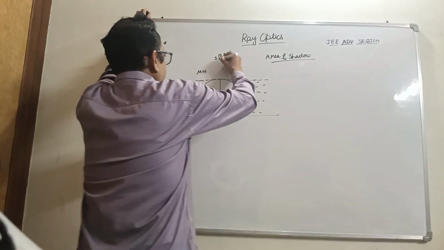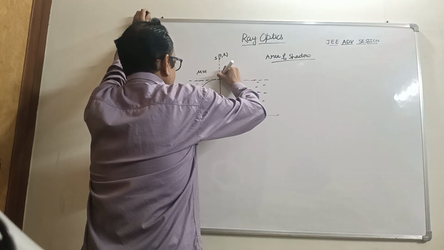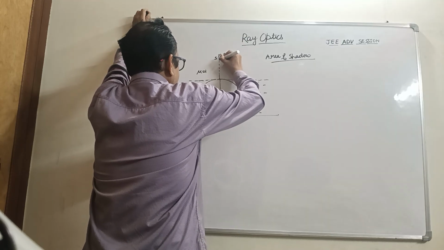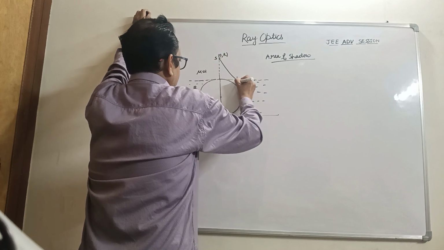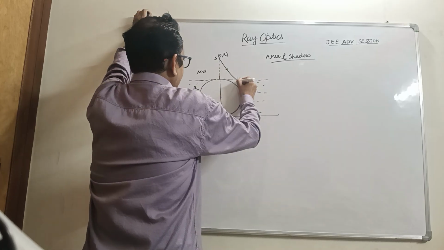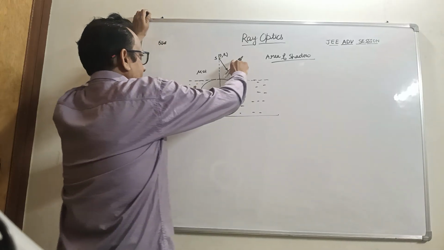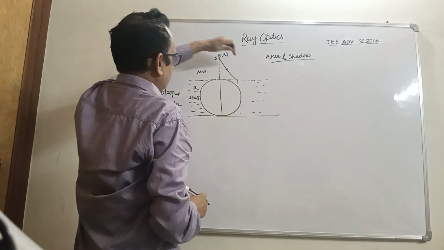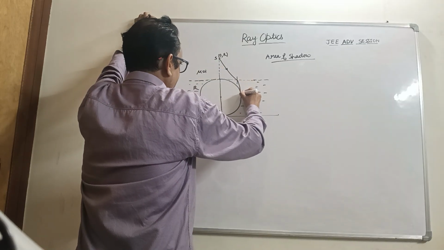So when we take this, this is an incident ray, and we know when the ray comes from rarer to denser media, it deflects towards the normal.